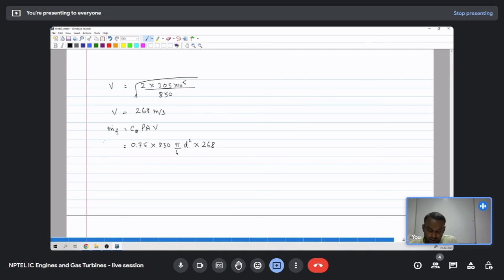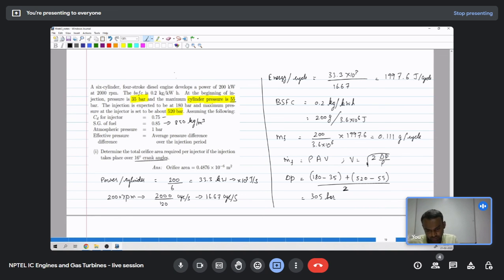Now on the left hand side we have m dot f, whereas the total mass is known, but the time taken for the injection is not yet calculated. The time taken for injection can be obtained from this data, that it takes place over 16 crank angles, and the engine rotates at 2000 rpm.